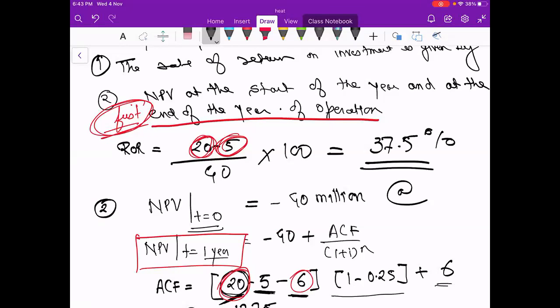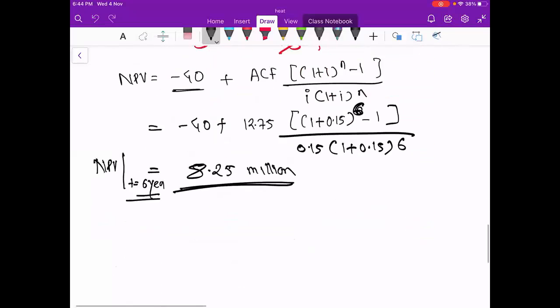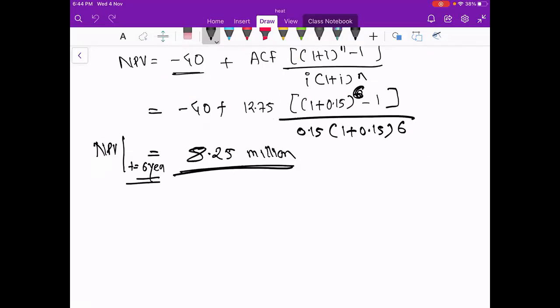Where are you not taking depreciation? Roll number 220034, what is your doubt? In the ROR, you are saying? Yes, that is the formula of ROR.